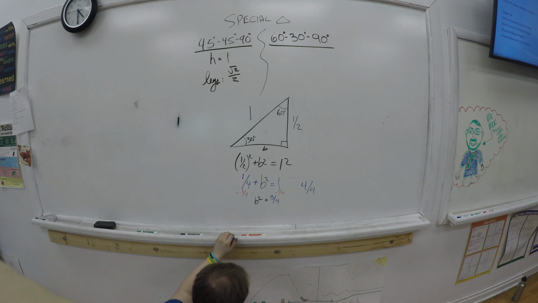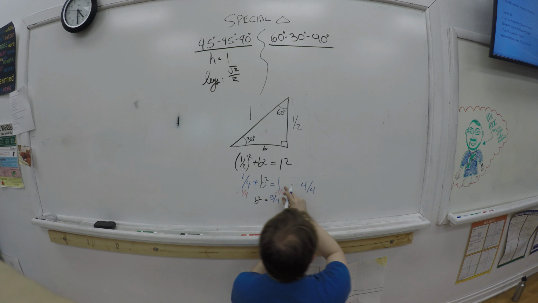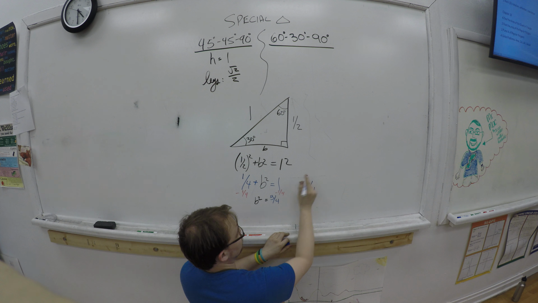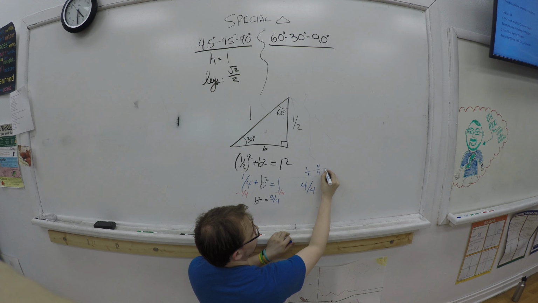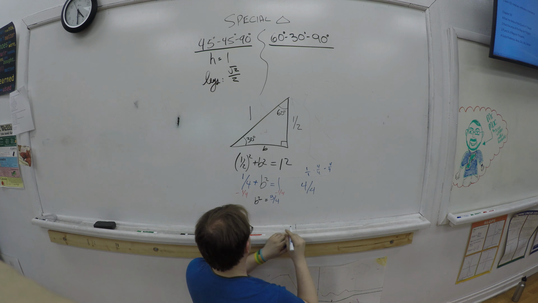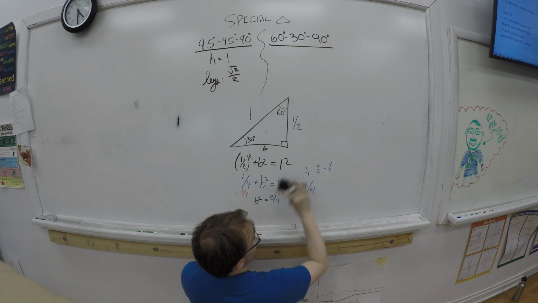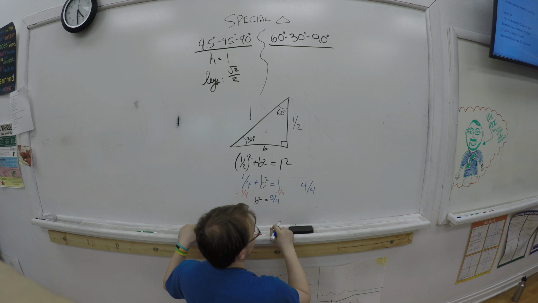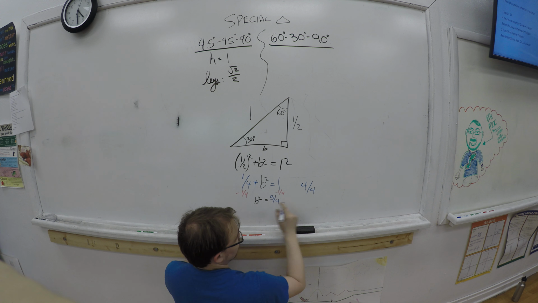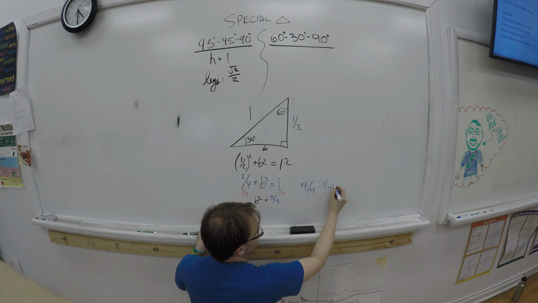Or you could make that 1 into 4 over 4 by putting 1 over 1 and multiplying both by 4 over 4. It's kind of redundant, but 4 over 4 is the same thing as 1. 4 divided by 4 is 1. That's all it's saying. And then when we subtract a quarter, we do this.